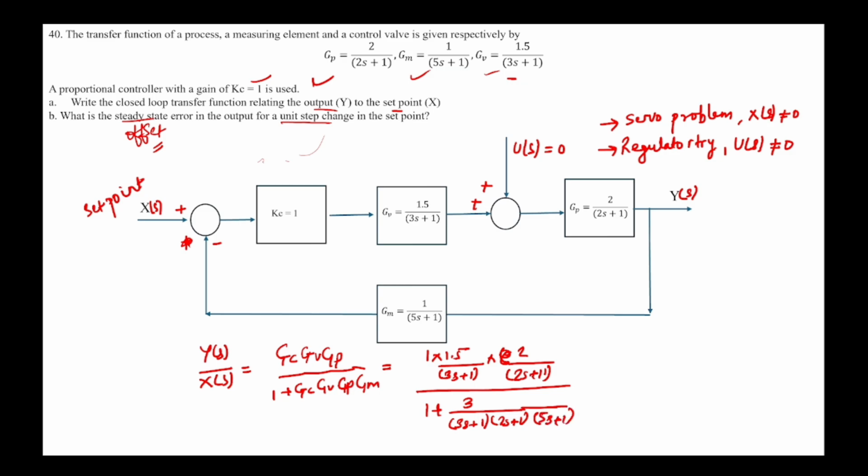If you solve this, we will get ultimately 3 upon 5S plus 1. So this is the final transfer function.